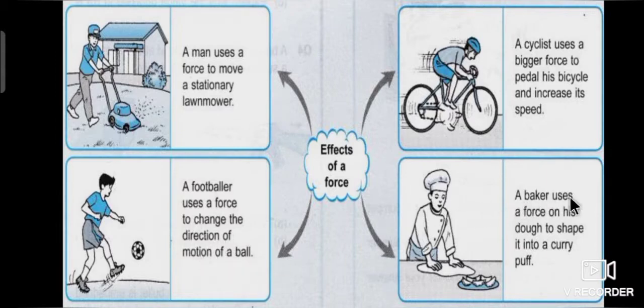Fourth, a baker uses a force on his dough to shape it into a curry puff. So, what are the effects of a force? A force can move an object, increase the speed, change the direction, and change the shape.